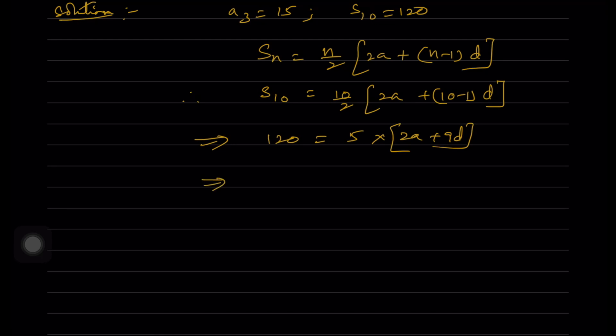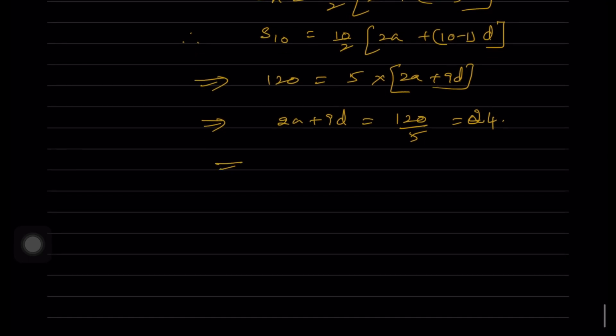So now 120 divided by 5, 2a plus 9d is equal to 24. Then 2a plus 9d is equal to 24.